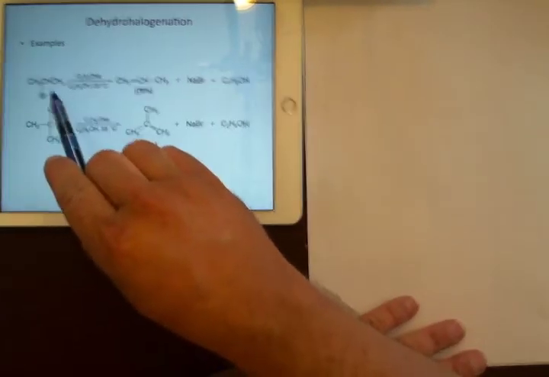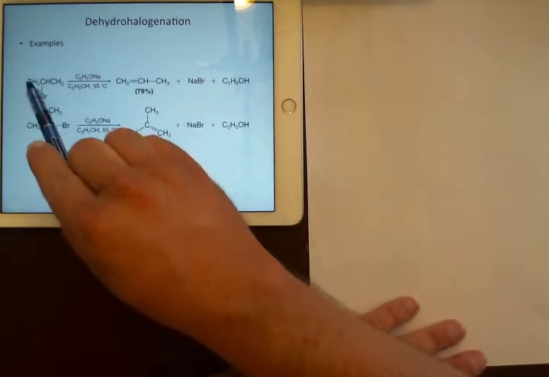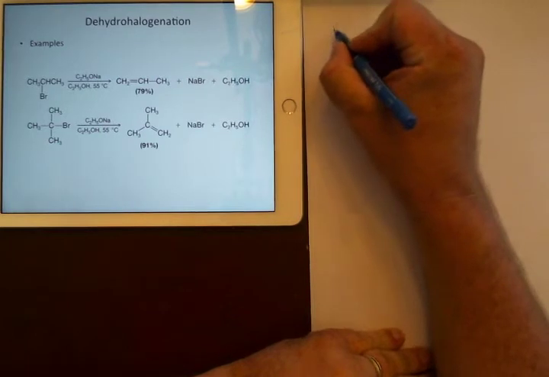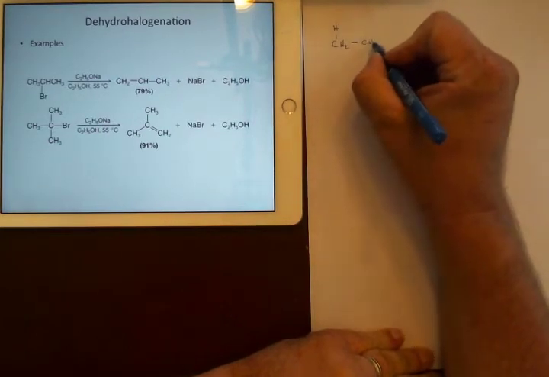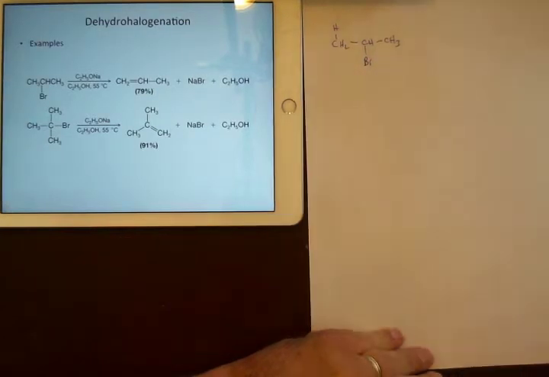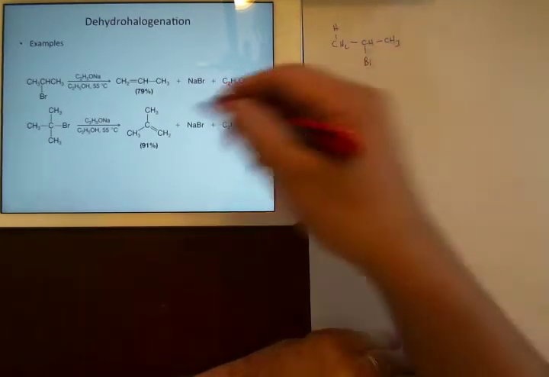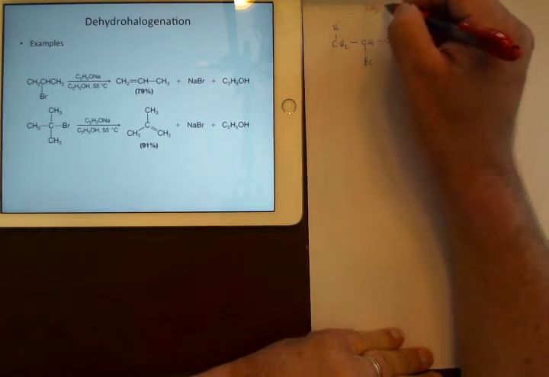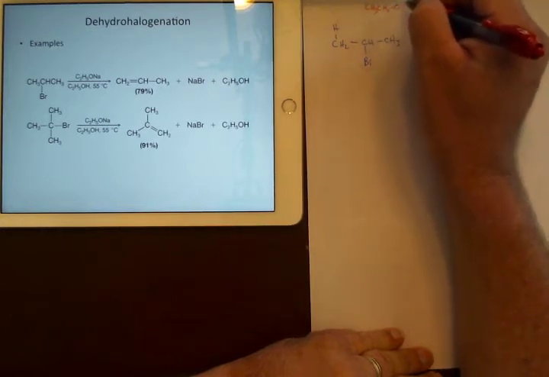So here you have your base, which comes in and grabs. Here's your leaving group, and your base in this case is ethoxide, CH3CH2O-.